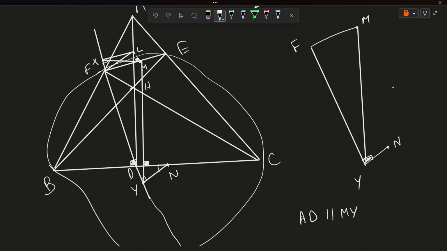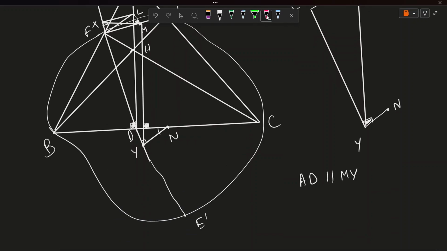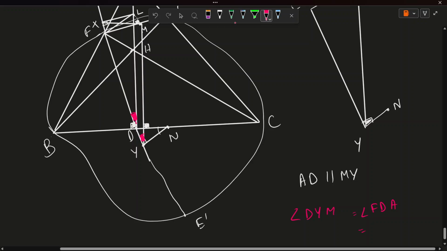Basically what this proves is that, let me use some colors, this small angle, which is equal to angle DYM, is equal to this red angle, angle FDA, and this we already know is equal to 90 minus A. How?